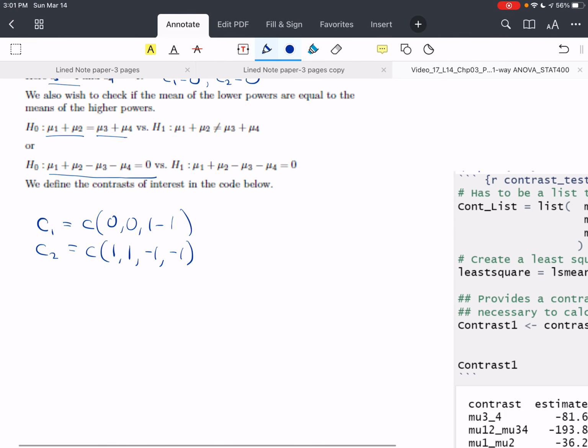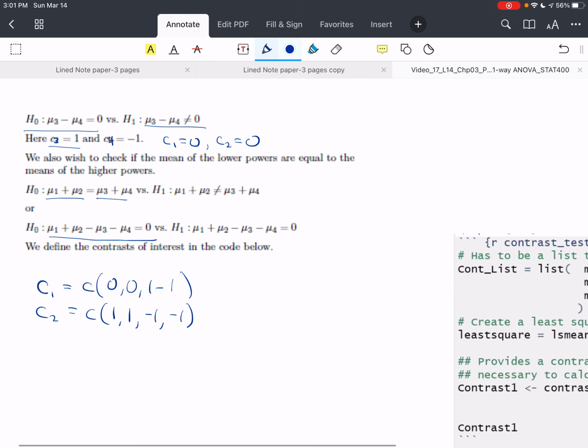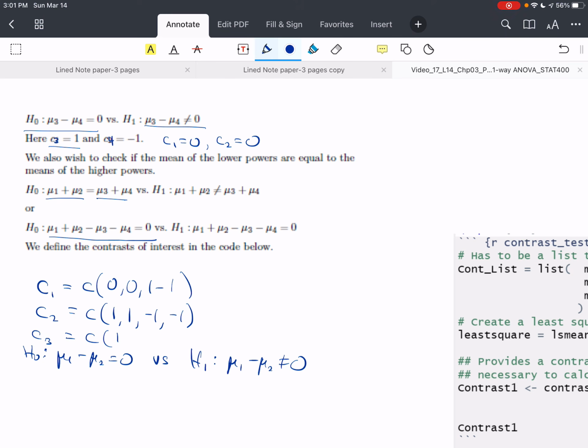And then we were also interested in H naught: mu1 minus mu2 equals 0 versus H1: mu1 minus mu2 is not equal to 0. So C3 is going to equal c(1, -1, 0, 0).